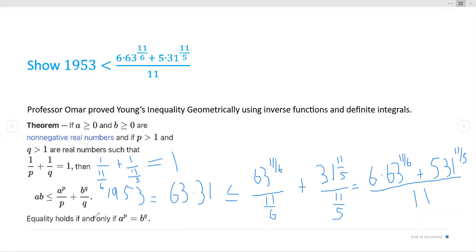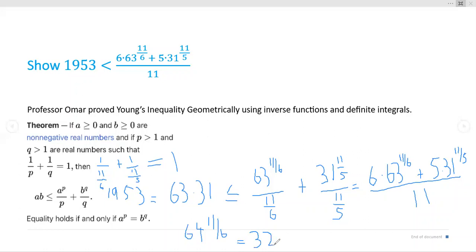But now notice right here that this is pretty close. Equality holds if and only if a to the p is equal to b to the q. Well, notice that, and I'll just write this down, and you can check it out by comparison, 64, not 63, but 64 raised to the 11/6 actually equals 32 raised to the 11/5.